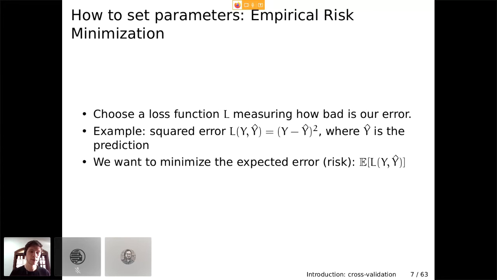So this should be tailored to our application and what kind of measurement of the error is meaningful for our setting. And once we have chosen this loss function, we are interested in making it as small as possible in expectation on some new example. So we want the expected, for example, the expected squared error on some new patients for whom we will make a prediction to be as small as possible.